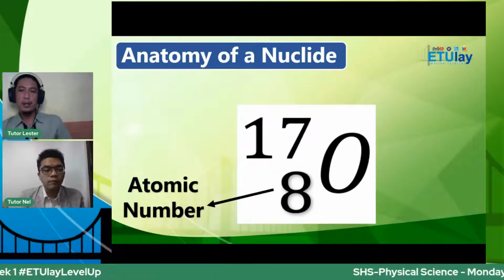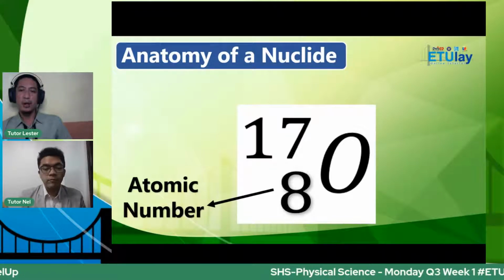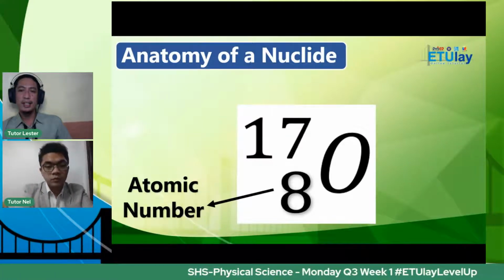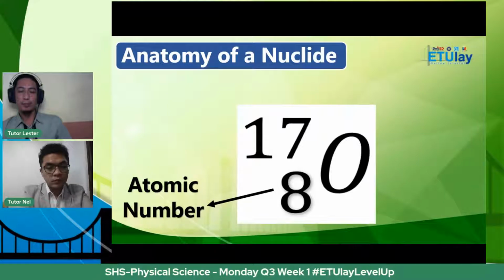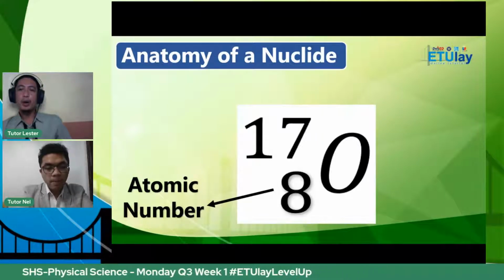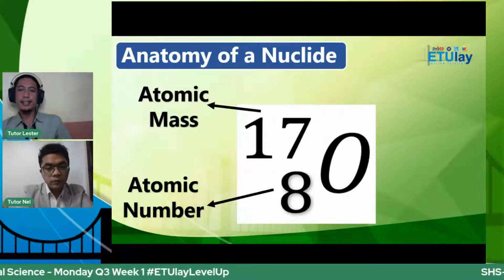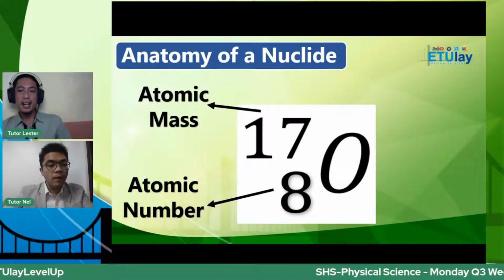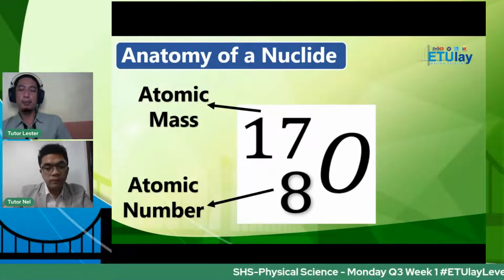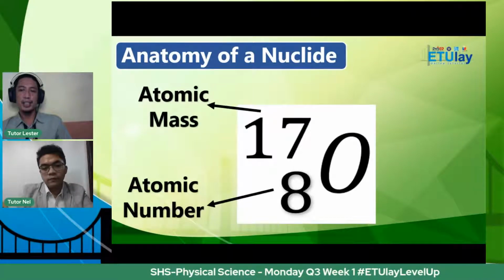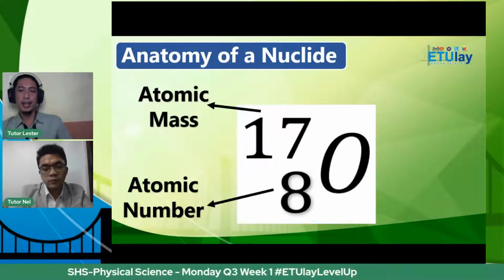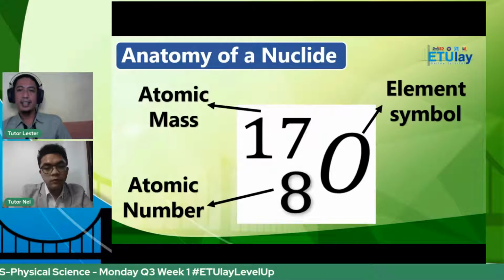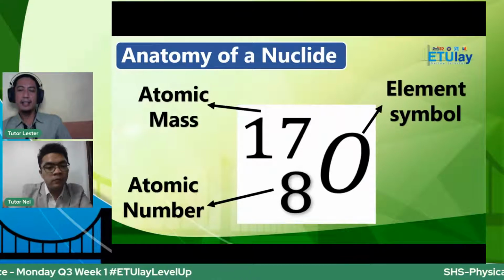The atomic number pertains to the number of protons in the nucleus of the atom. On the upper left is the atomic weight, which is the sum of the number of protons and neutrons in the nucleus. And lastly, this is the element symbol.